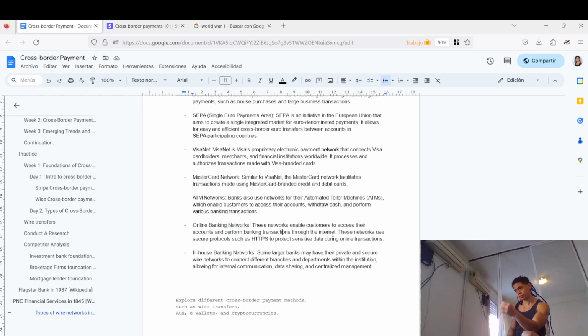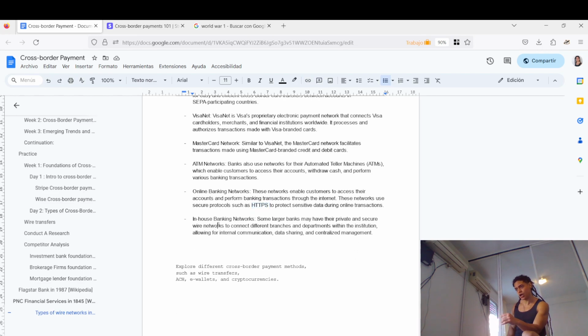The network uses secure protocols such as HTTPS, a protocol that I'm quite familiar with, which is somewhat the same as VisaNet or MasterCard, a proprietary electronic payment network that connects merchants, cardholders, and financial institutions. And the other is in-house banking networks.